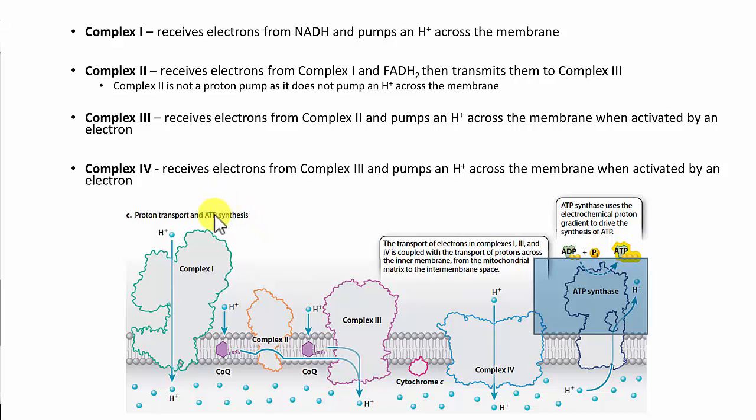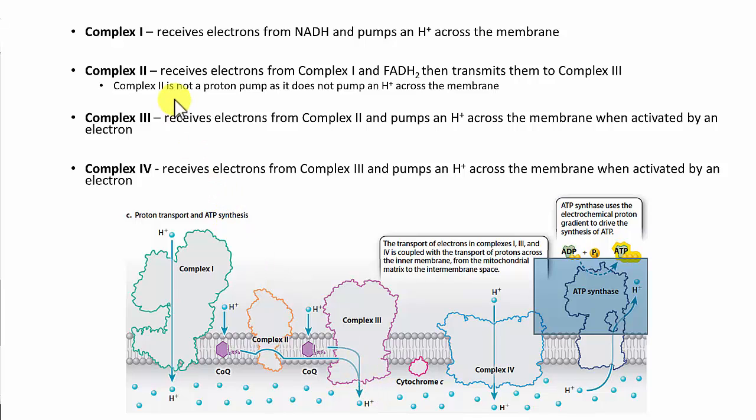Now, what's important to note is that of the 4 complexes, 1, 2, 3, and 4, only 3 of these actually act as proton pumps that move protons from one side to the other. And these are complexes 1, 3, and 4. What is going to happen with these pumps is that they are going to move hydrogen across the membrane when activated.